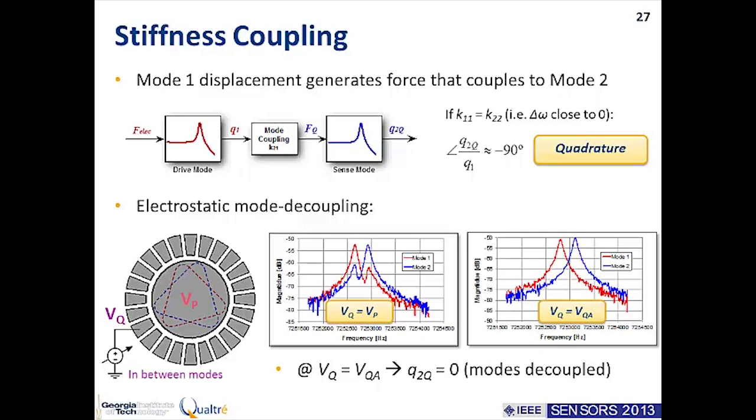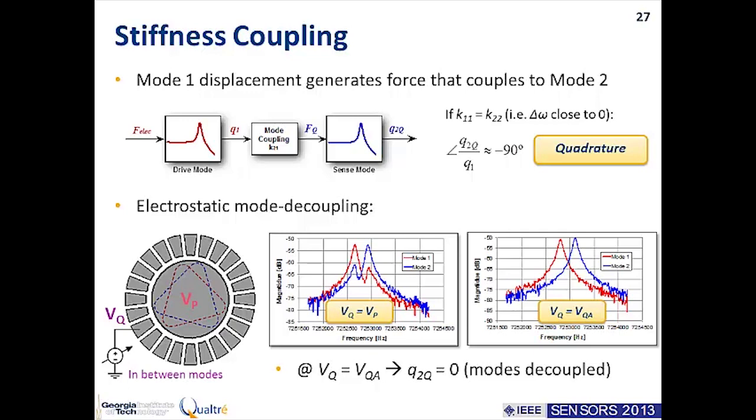So in an ideal case, if you apply this voltage and try to change the stiffness somewhere in between the two modes, if the part is perfect, then the two frequencies should move together. There's no reason why the effect on one mode should be different from the other. But if you have an imperfection, then the effect on one of the modes is going to be higher than in the other. And then what you basically end up doing is you can visualize this as trying to align the modes back to their original position.